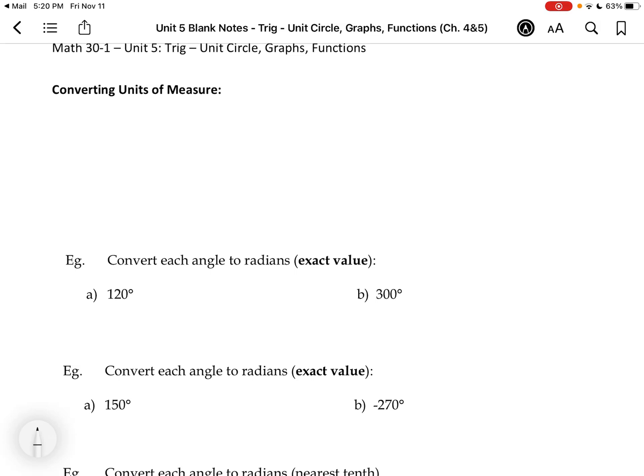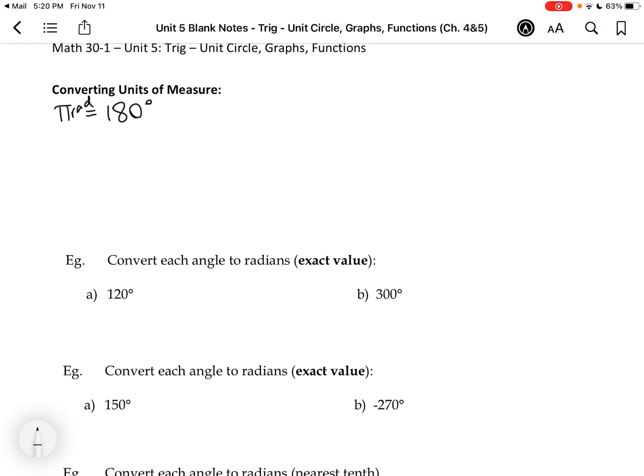Okay, so converting units of measure. What I want to remind you of is unit analysis, which we covered in Math 10C, and you've probably seen it in your science classes as well, because particularly in physics, unit analysis is almost like a strategy to solve problems. So the key is 2 pi equals 360, or pi equals 180 degrees. Pi radians is equal to 180 degrees.